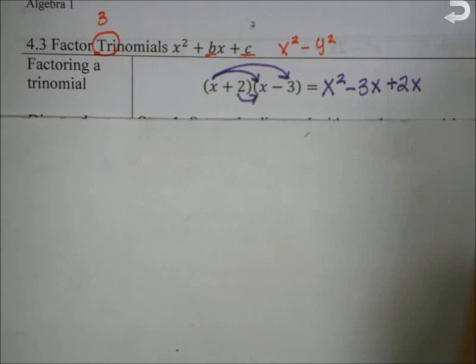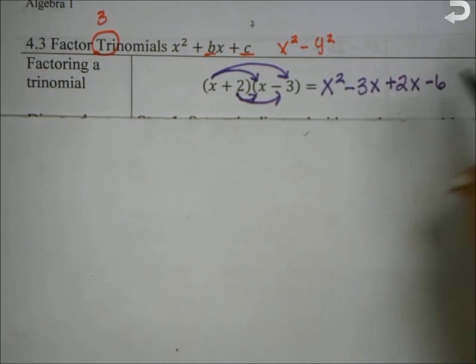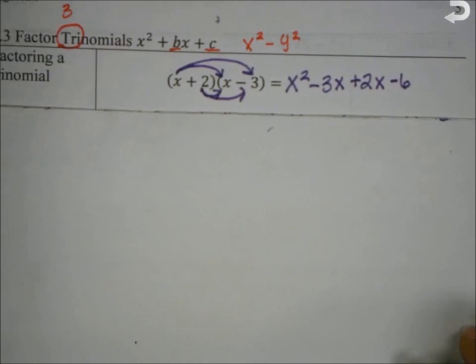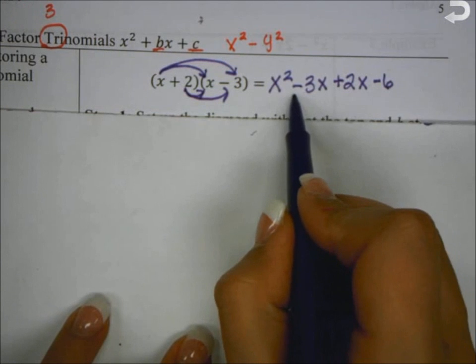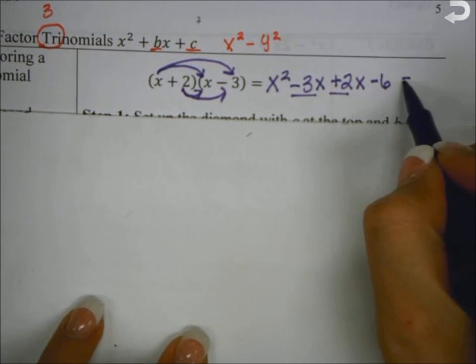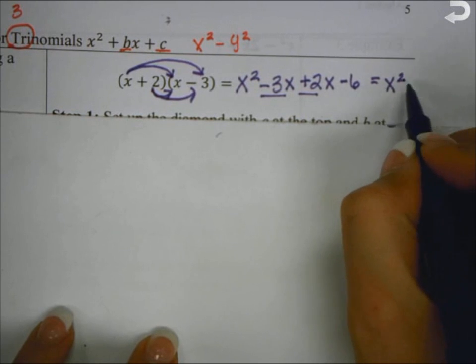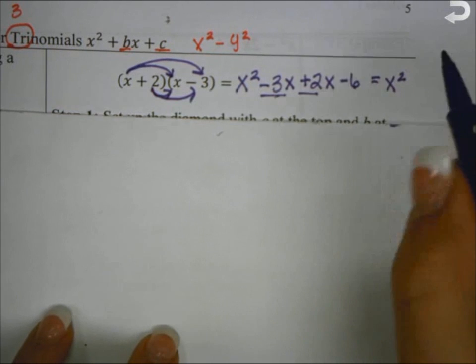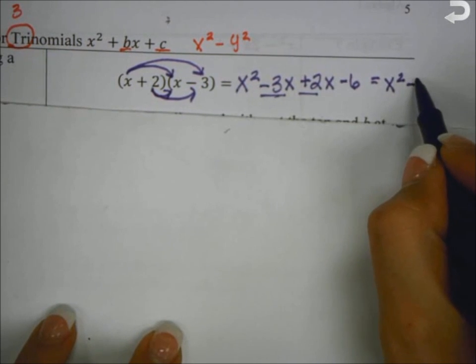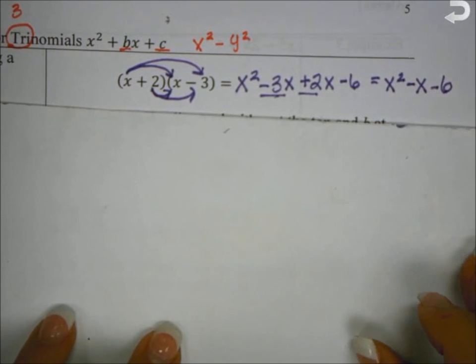And positive 2 times negative 3 is negative 6. Then I can combine like terms. So my answer would be x squared, negative 3x plus 2x, or minus 1x, minus x, minus 6, right? This is stuff we already know how to do, correct?